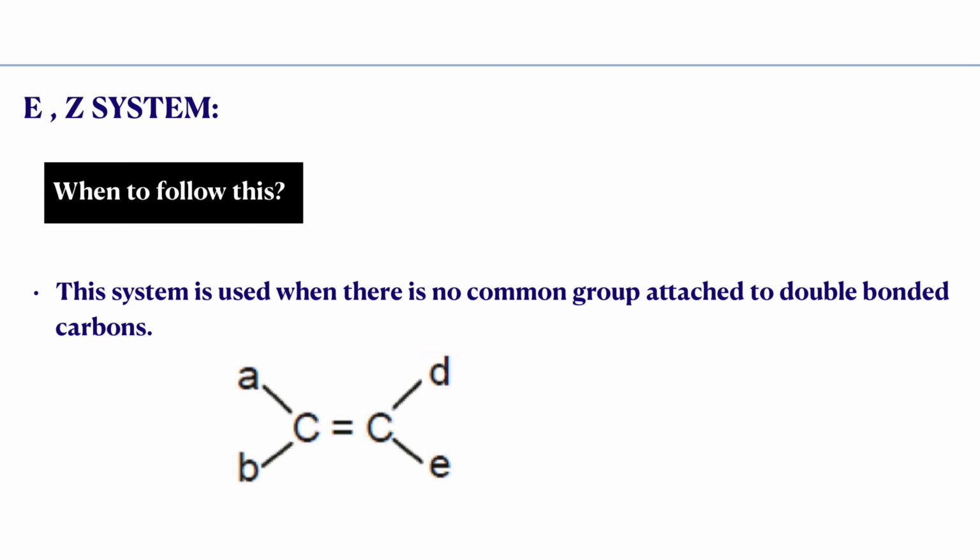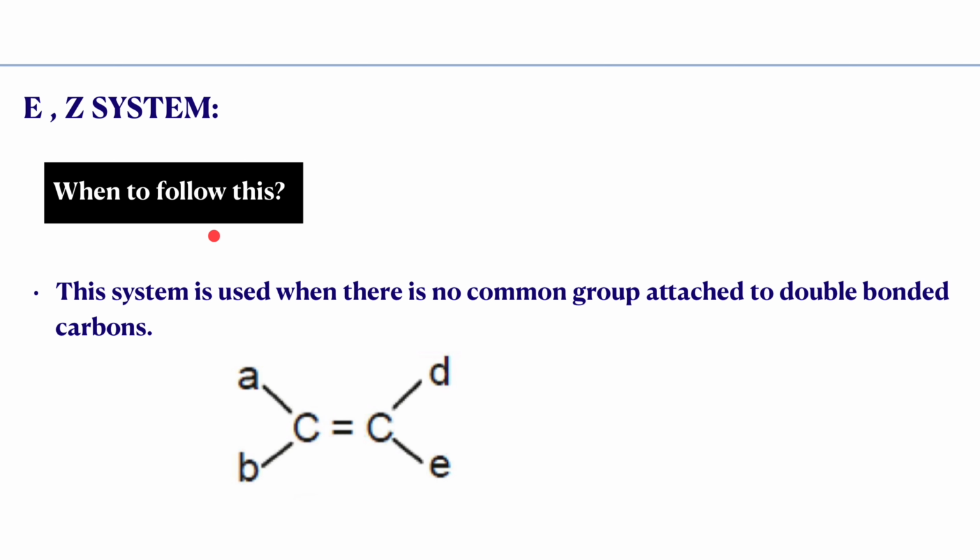Now let us discuss the second configuration of alkenes. In order to represent geometrical isomerism, we use cis-trans and EZ. Now we are discussing the EZ system. Here we need to answer when to follow this system, how to follow this system, and what E and Z are. Under these 3 questions, I will be completing this EZ system of configuration.